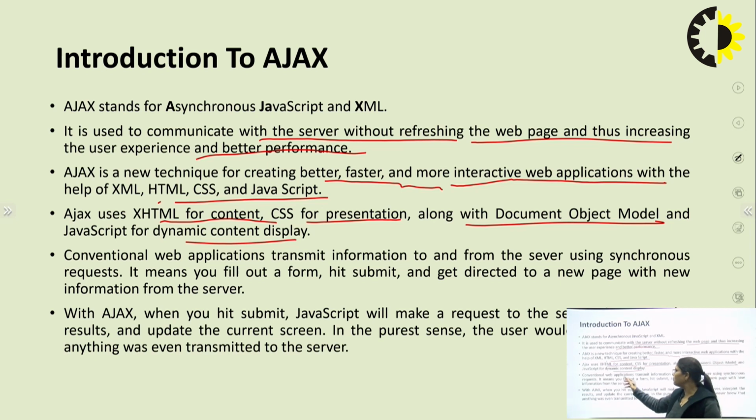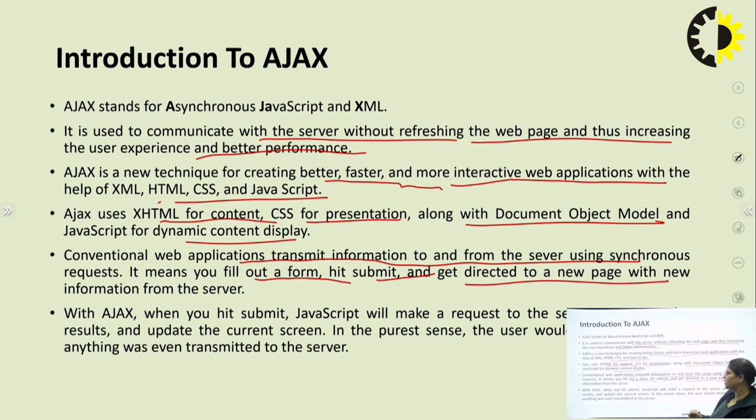A conventional web application translates the information to and from the server using a synchronous request. It means that you fill out a form, hit a submit button and are directed to a new page with the new information from the server.